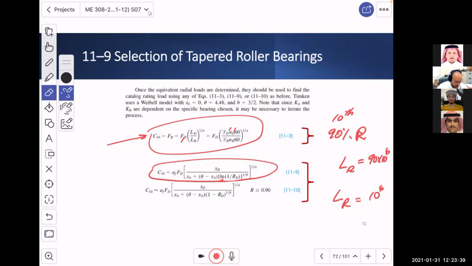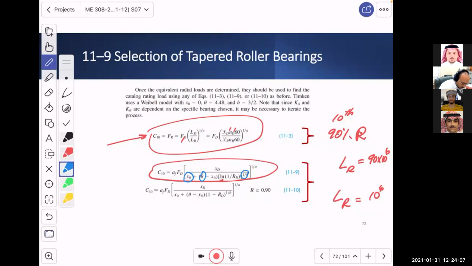Now, one thing which we need to ask, what about x0, theta, and b? Are they the same? Because we know the Weibull distribution parameters for ball bearings, which we used several times, now we have a tapered bearing. And if you guessed it, yes, they are different.